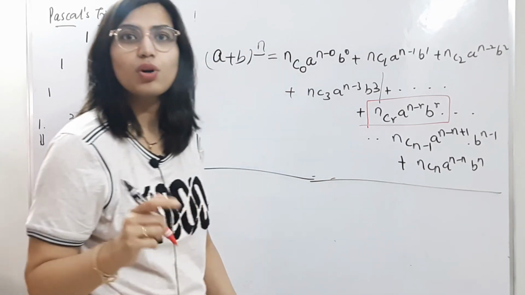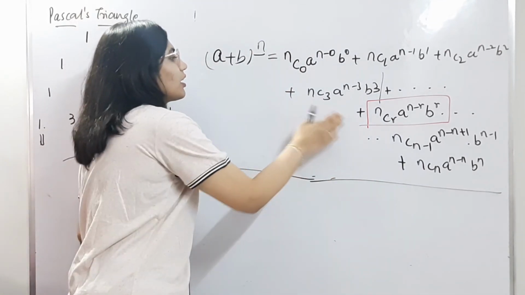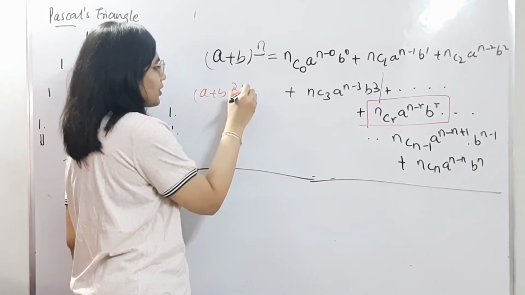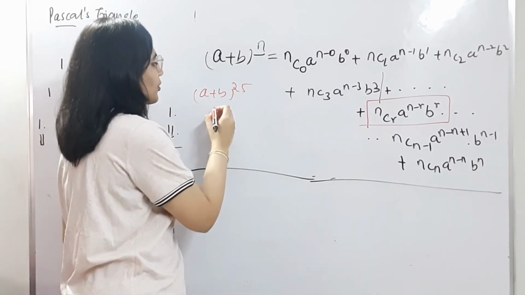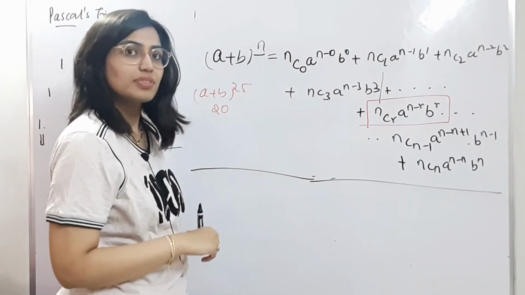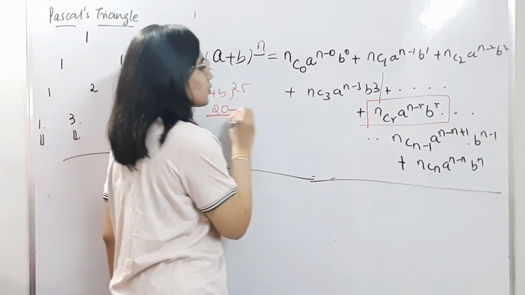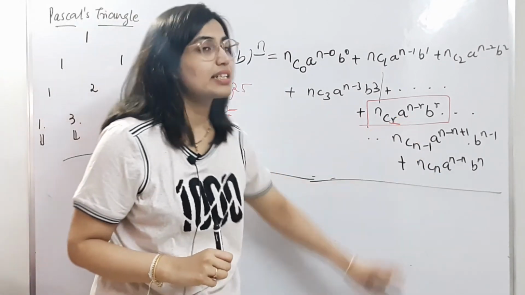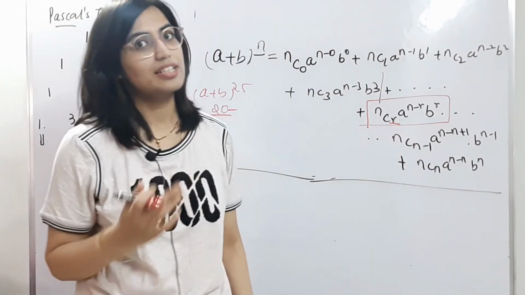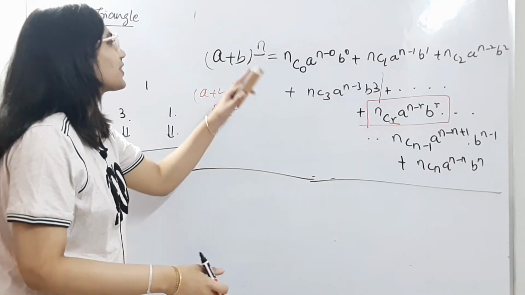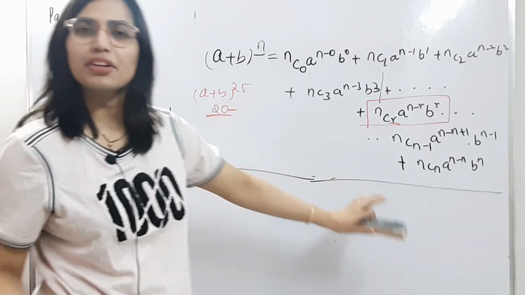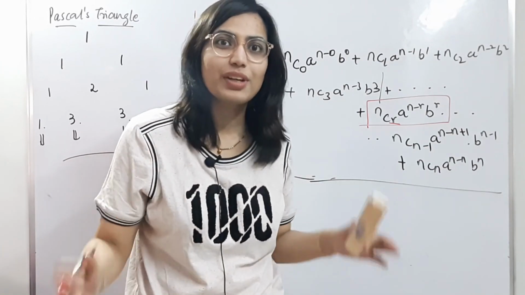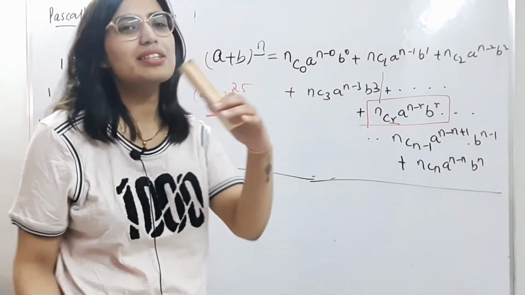That means if you want to find the rth term of the binomial expansion (a plus b) whole power of 25, say the 20th term, all you need to do is substitute r as 20 and find. I will tell you all in detail on the terms and the coefficients etc. in my next video. But this is how you will write a binomial theorem. Now if you put all the concepts that I have taught till now together, don't you think this is extremely easy for you to write?